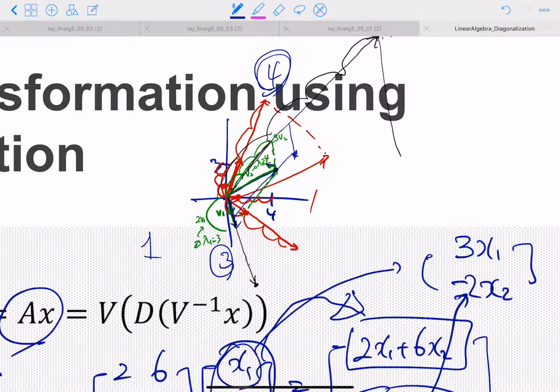Okay, so in this case, along this axis, the coordinate will be 4 times bigger, and along this axis, the coordinate will be just 1 times larger than the original one, right? So in this case, as we saw, as we keep multiplying A, the eigenvector corresponding to the largest eigenvalue will be more and more dominant.